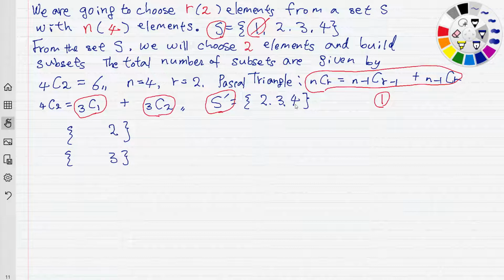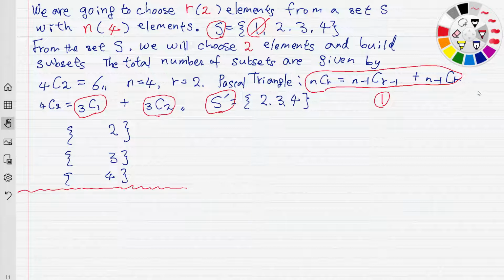Then we select another element 4. So we completed the first group. Then we build the second group, 3C2.